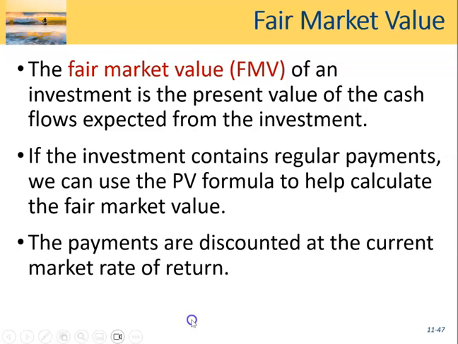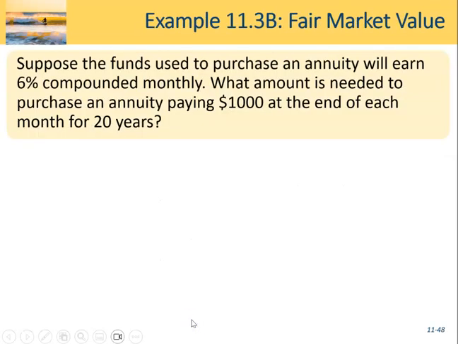Okay. So fair market value. Suppose the funds used to purchase an annuity will earn 6% compounded monthly. What amount is needed to purchase an annuity that's paying $1,000 at the end of each month for the next 20 years? So this is the exact same type of question.